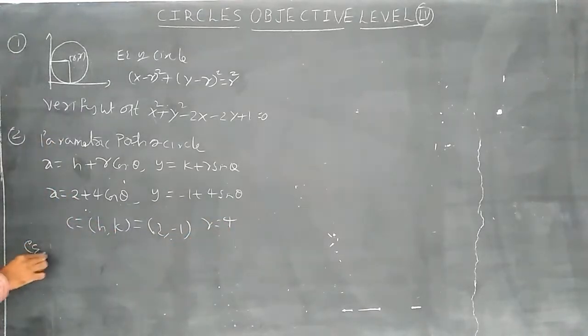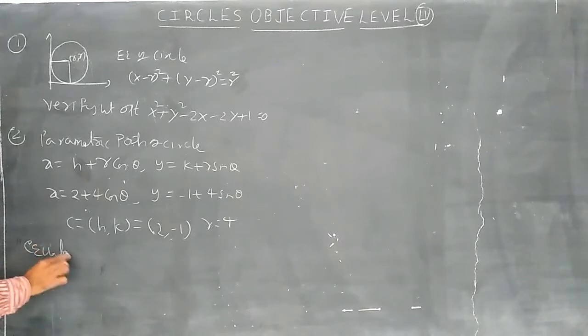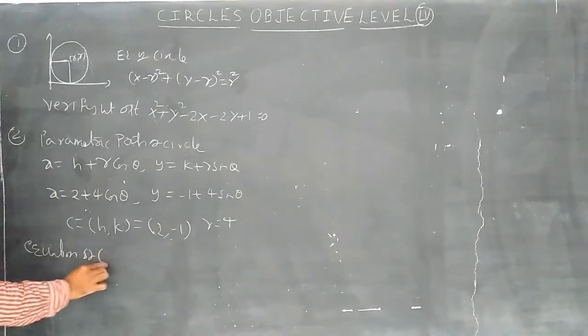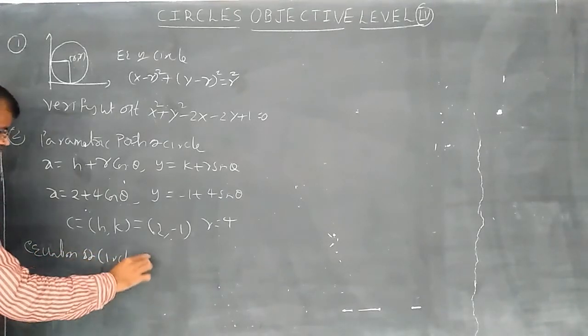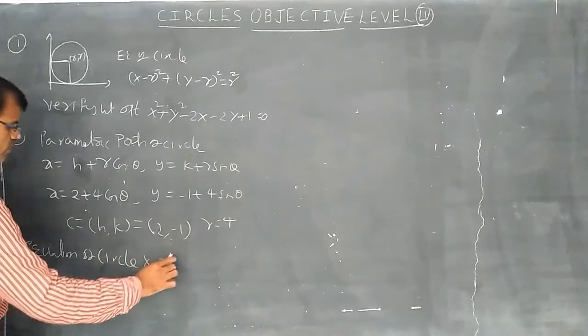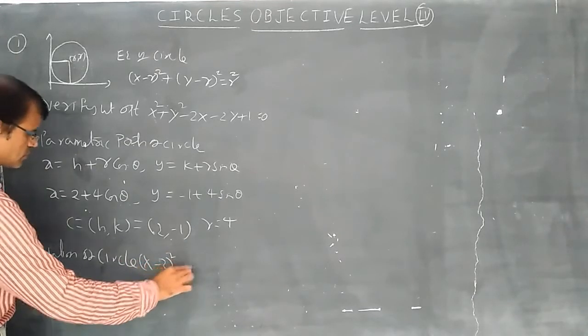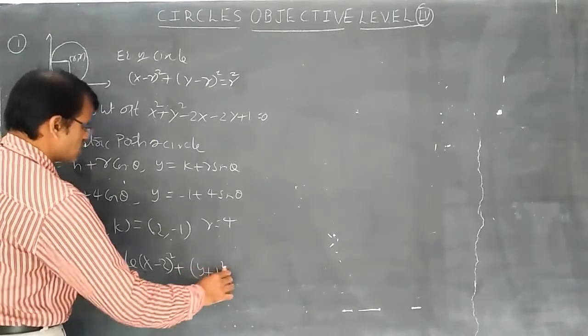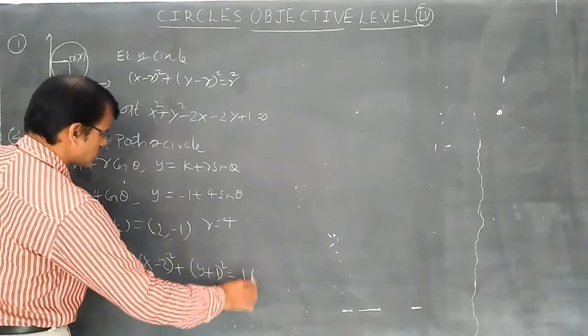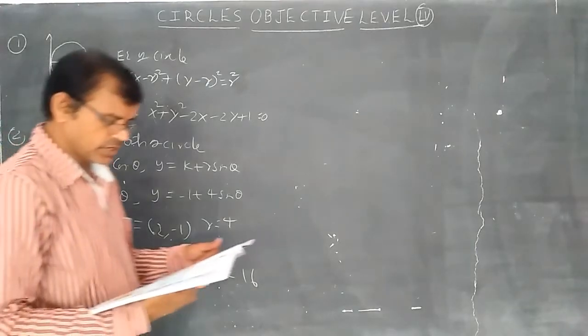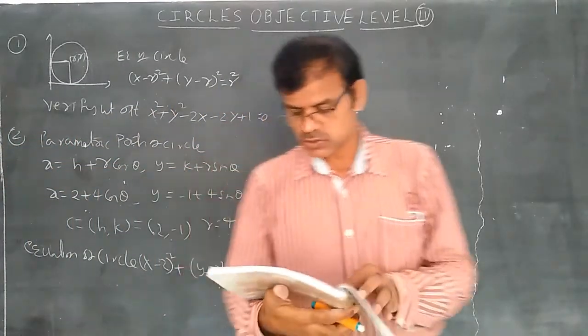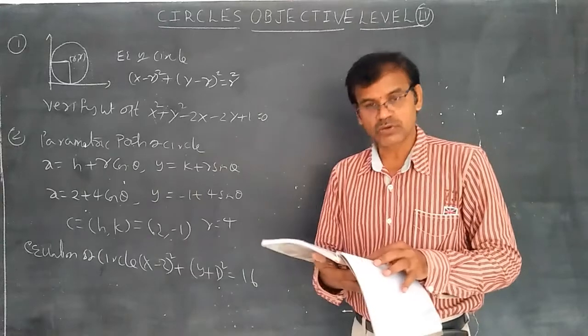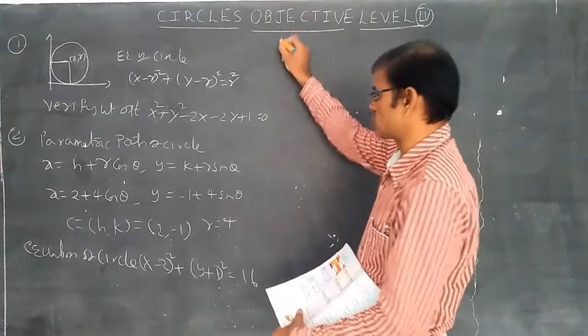Using this, the equation of circle is (x minus h) whole square plus (y minus k) whole square equal to r square, that is (x minus 2) whole square plus (y plus 1) whole square equal to 16. According to the options, it is the fourth option.